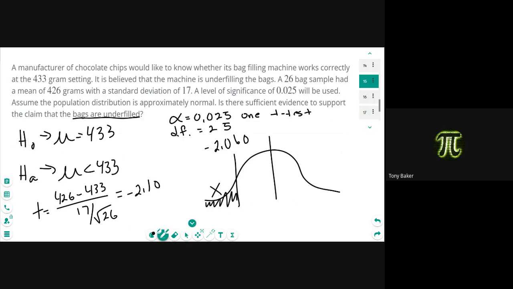So it is in the rejection region, so we reject. It's less than, so we're on the left side of the graph. There is sufficient evidence. Yes, there's significant evidence.